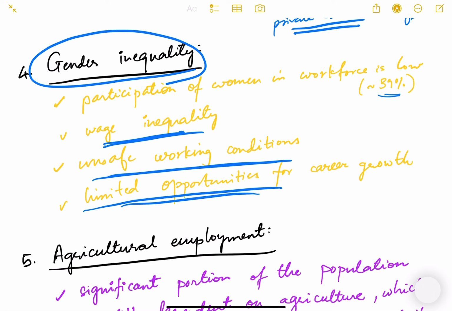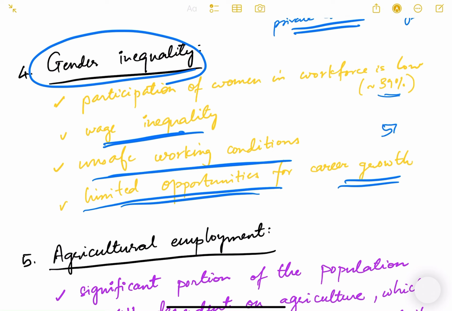There are also limited opportunities for career growth. There is a kind of glass ceiling for females still existing, which does not allow female candidates to grow beyond a point. So that is also another challenge or problem.